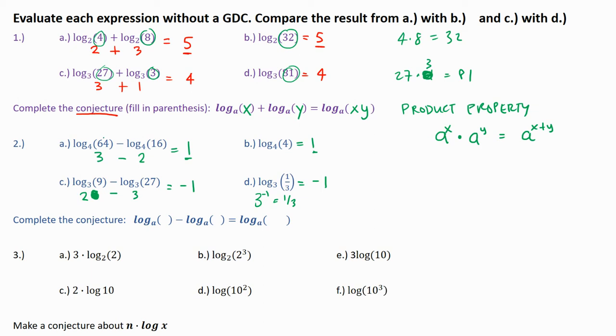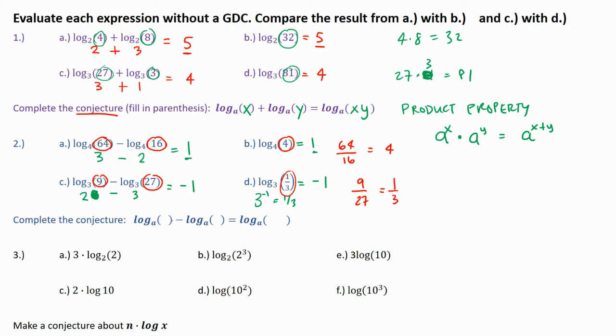Let's analyze the numbers inside the parentheses, 64 and 16. What could we do to get a 4? 64 divided by 16 is 4. Does that work here? 9 divided by 27. Does that equal 1 over 3? Yeah, it does, because 9 goes into 27 3 times.